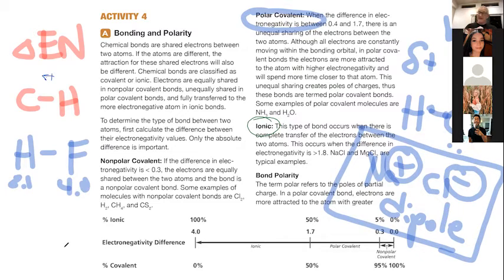Now, unlike this dipole, which was small, this one's going to be huge because it's a big difference. So we make the arrow itself a lot longer to show you that it's bigger. The size of the arrow basically indicates how big the difference in electronegativity is. If it's a small difference, you make it small. If it's a big difference, you make it big. So it'll be pointing like that.